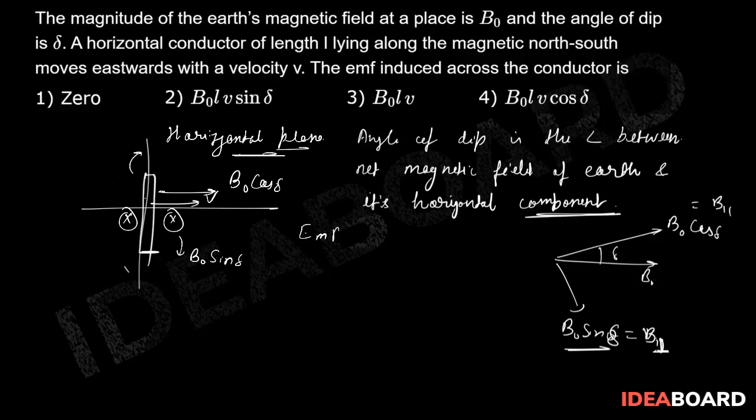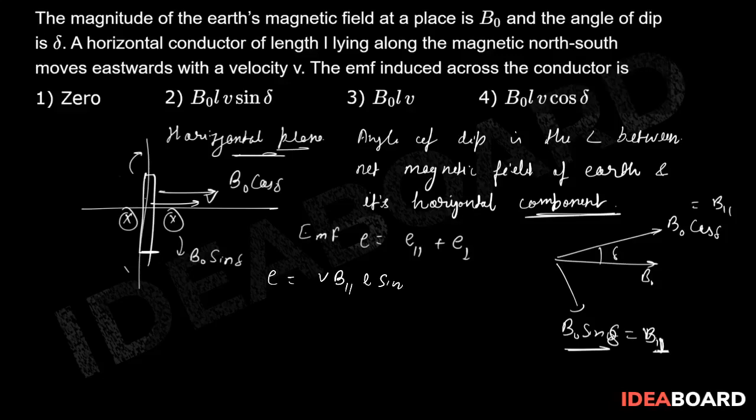So EMF, E, will be equal to E due to parallel component plus E due to perpendicular component. E value is vBL sine. So v into B parallel into L into sine. What is the value of sine?